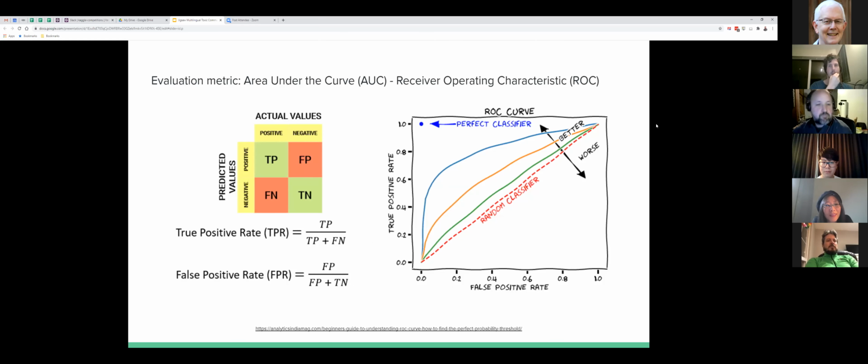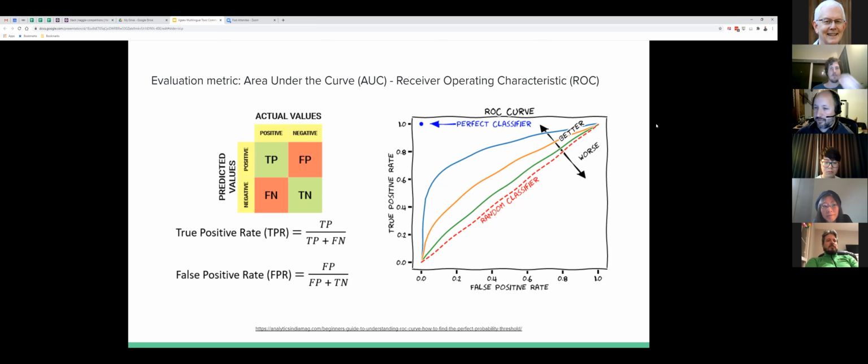Okay, the evaluation metric for this competition was the area under the curve for the receiver operating characteristic. The way to describe how this works is, imagine you're doing some sort of classification problem, and all the values coming out are between 0 and 1, and you set the threshold at 0.5.